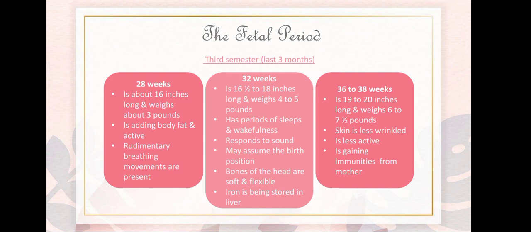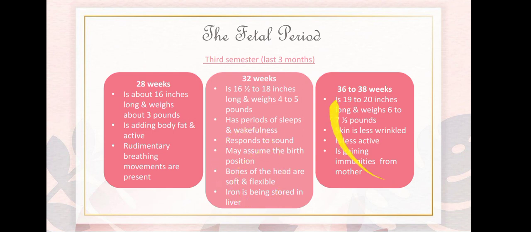It has periods of sleep and wakefulness, responds to sound, may assume the birth position, okay, whether it is breech or normal position. Bones of the head are soft and flexible. Iron is being stored in the liver.